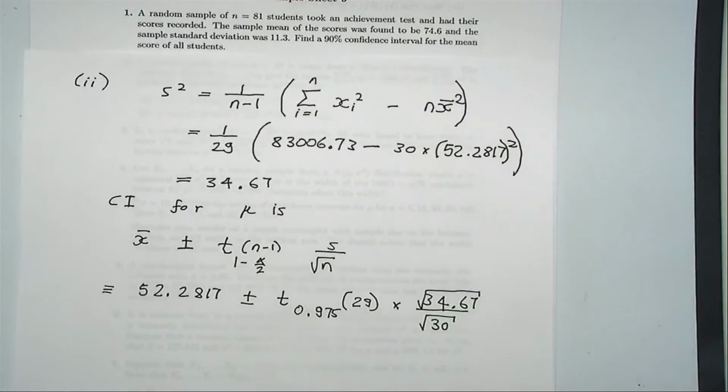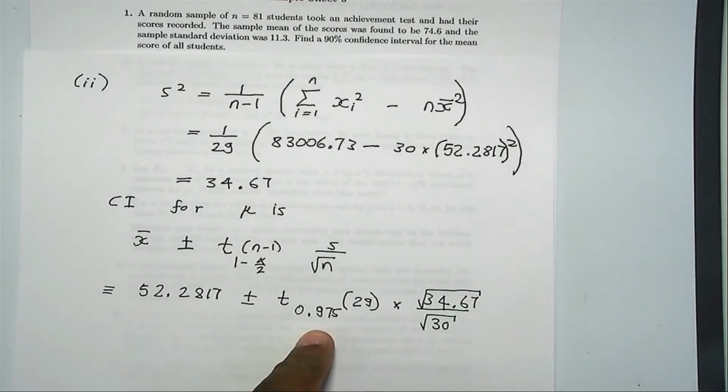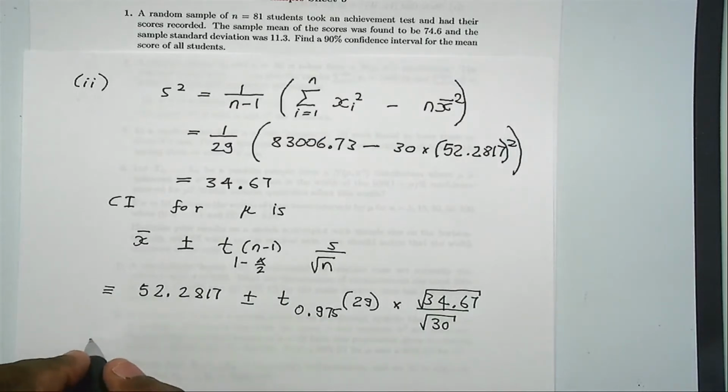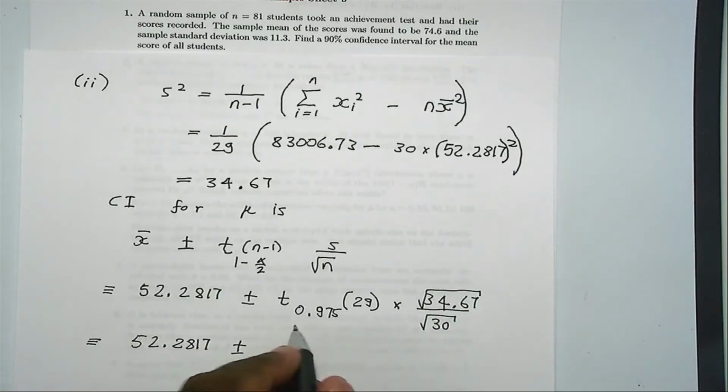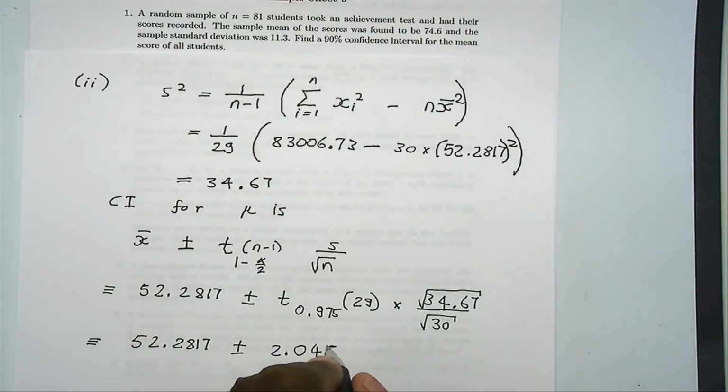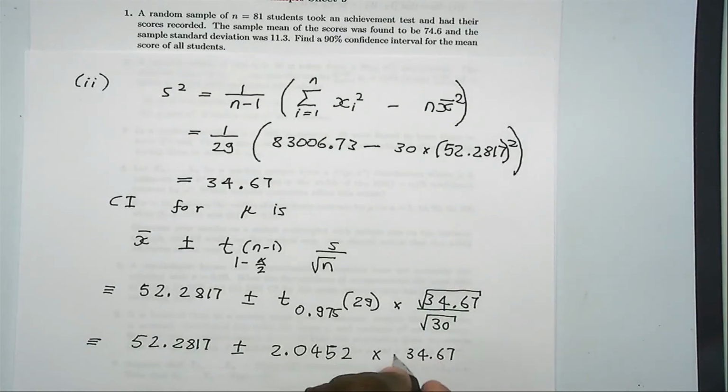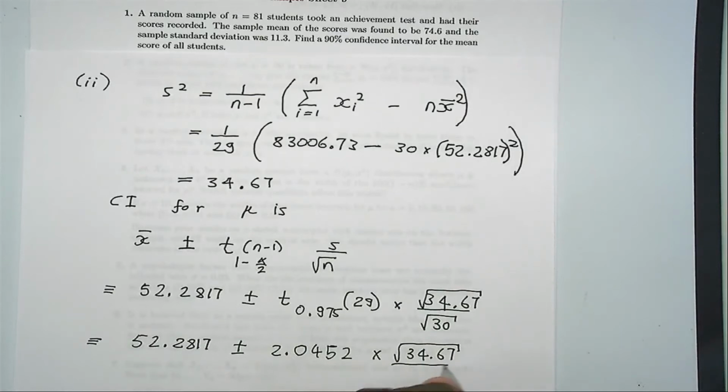Right, this guy here you can read off the table for the t distribution which I gave you. I showed you how to read that in one of the videos, the video on t distribution. So you should know how to read it. So this will be 52.2817 plus or minus. If you read this, you will get 2.0452 multiplied by 34.67 divided by the square root of 30.